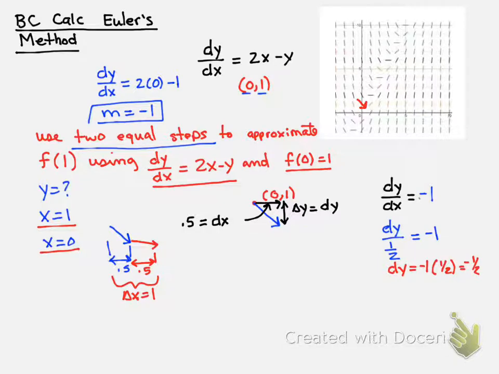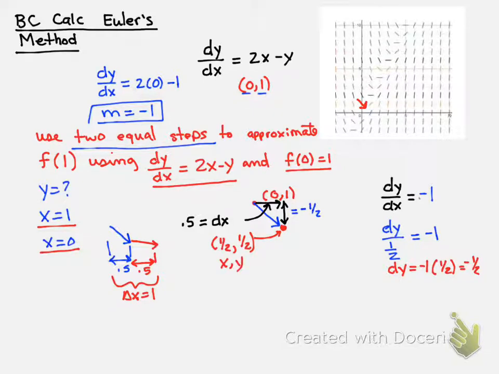So if I go back to my picture, I know this delta y equals dy is now negative 1/2. And so that means I also know the coordinates of this next point are over 1/2, down 1/2 from 1. So this is now positive 1/2 on the y. That's the new x and y coordinate.